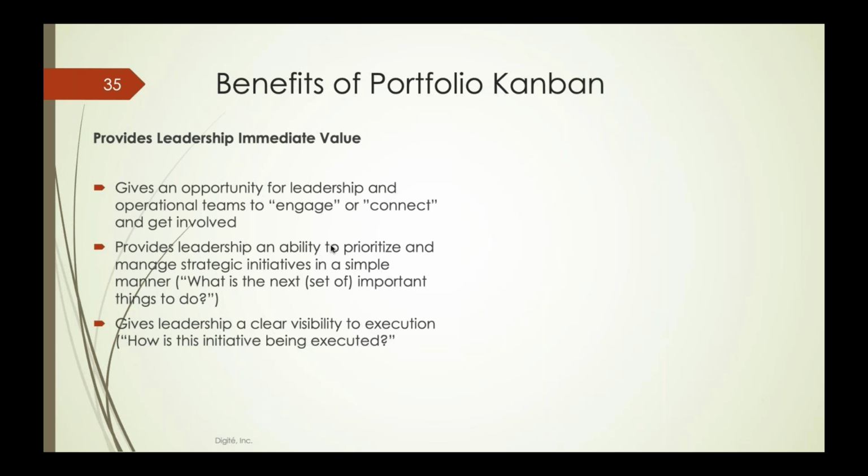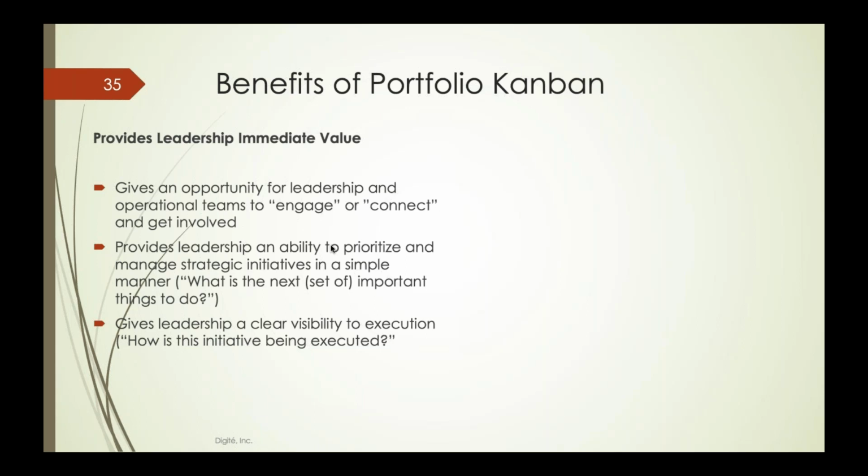It allows them to very easily and very visibly prioritize the key things that are important for them in whatever planning timeline, monthly or quarterly or annual, and makes it very imperative to both the leadership as well as to the team that the prioritization of things is critical, and that they are able to do it in a manner that becomes very visible to the entire organization. So it becomes very straightforward for the leadership to be able to do the prioritization.